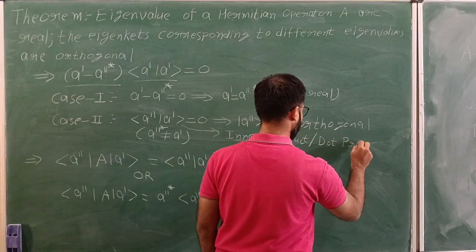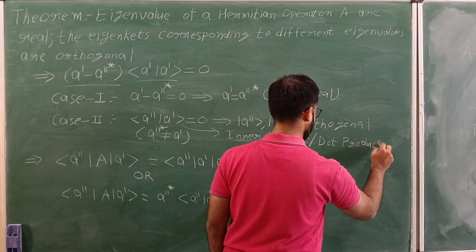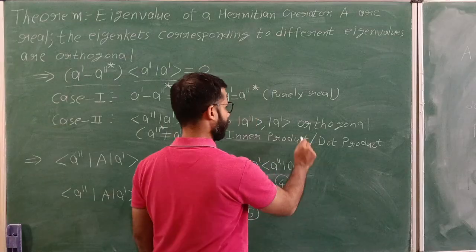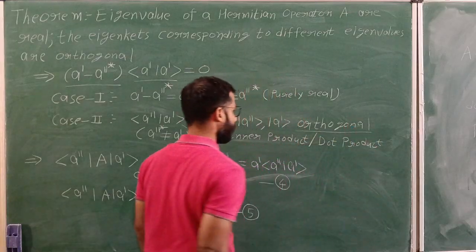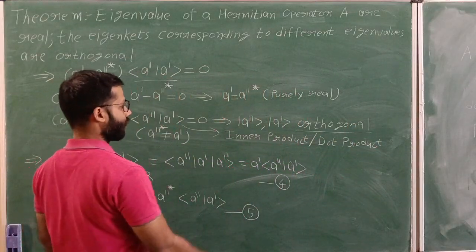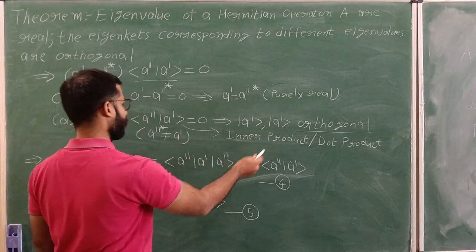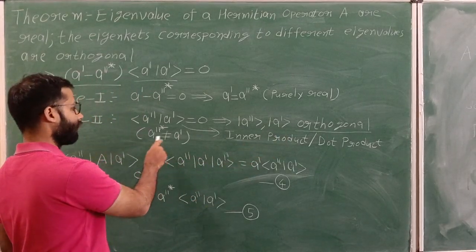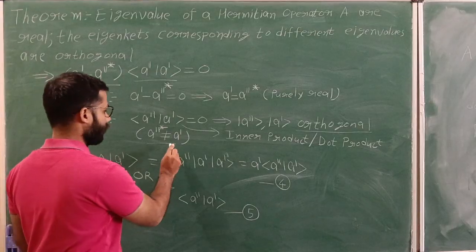And if the dot product of two states or two vectors is 0, it means they are orthogonal. So here we have two states which are orthogonal to each other, which correspond to different eigenvalues.